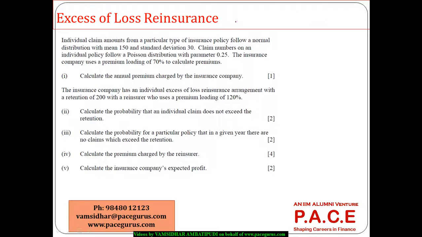The first term I can simplify as mu times phi of, what are my L dash and U dash here? L dash is nothing but 200 minus 150 by 30, which is 1.667, and U dash is nothing but infinite minus 150 by 30, which will continue as infinite.